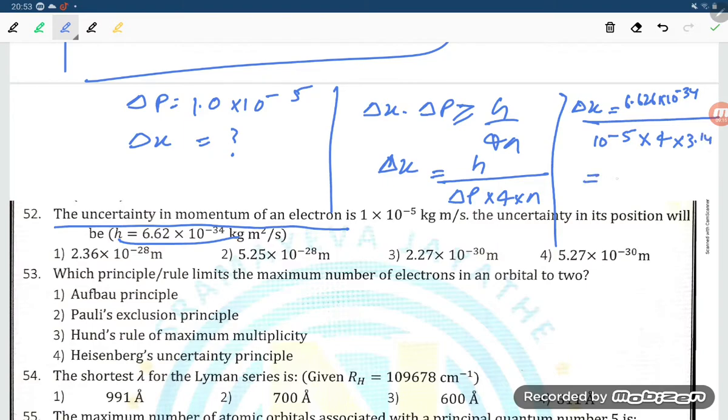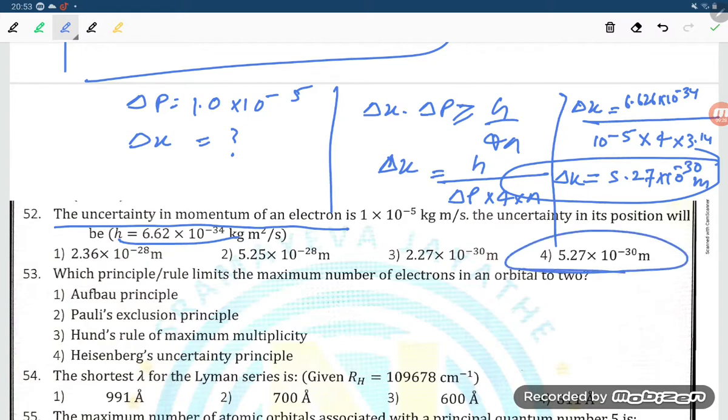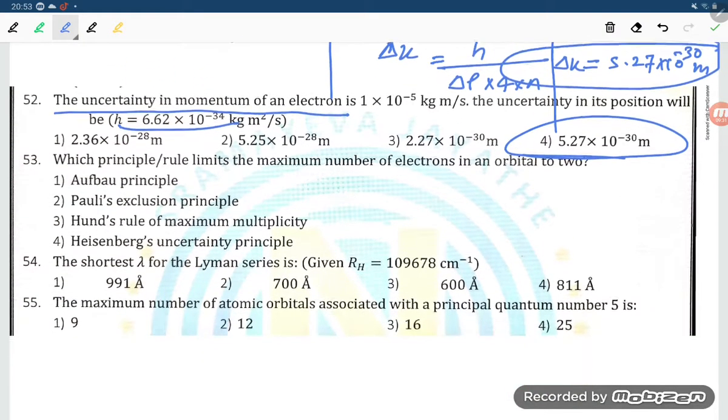If you calculate this, it comes to 5.27 into 10 power minus 30 meter. So this is the uncertainty in position. You can check with the options, student: 5.27 into 10 power minus 30 meter. Option number 4 is correct.